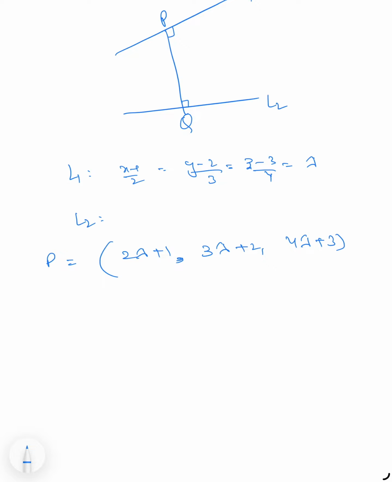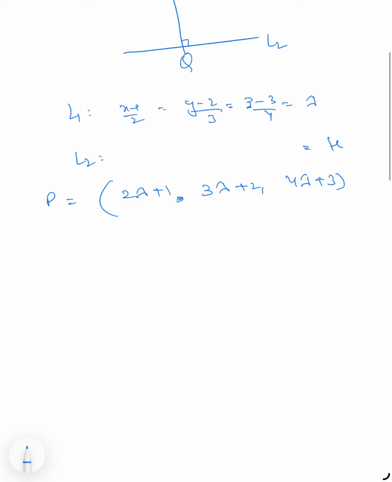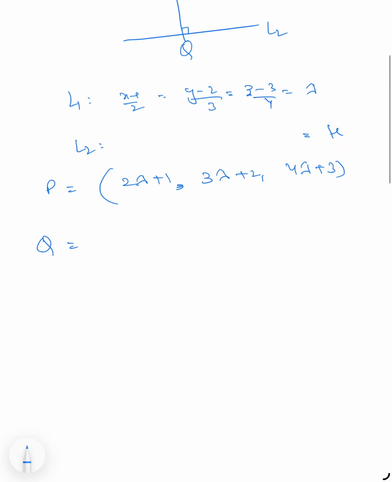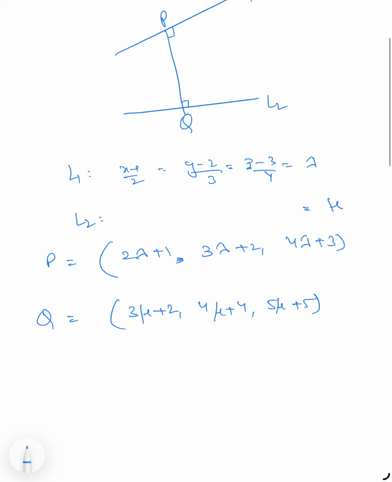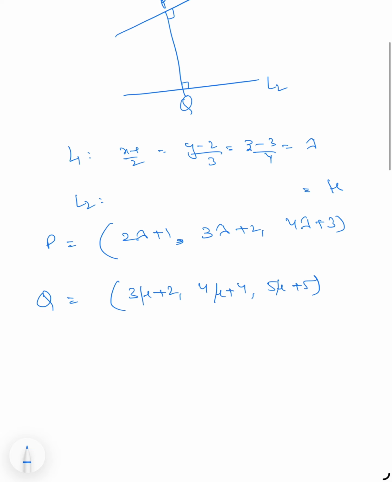Similarly, for L2 we put mu. We can put any other constant instead of mu. So we'll get 3 mu plus 2, 4 mu plus 4, 5 mu plus 5. These are the general points on the lines L1 and L2.